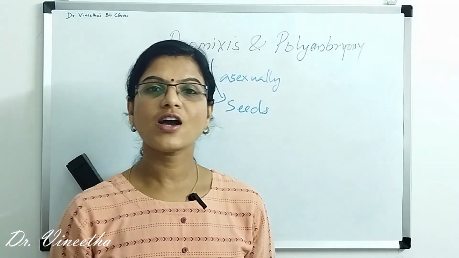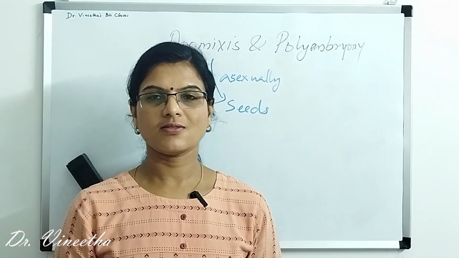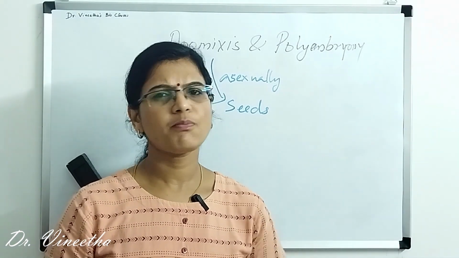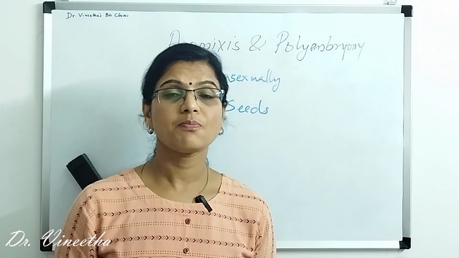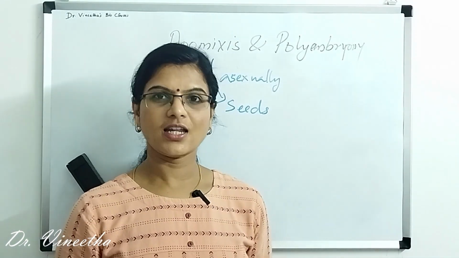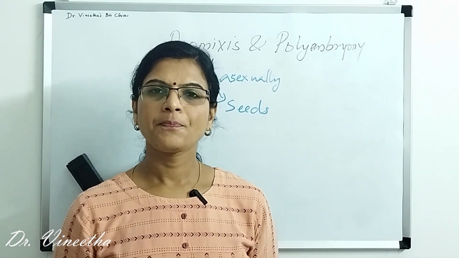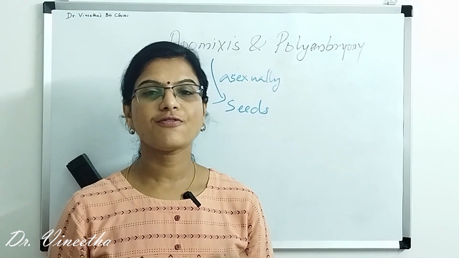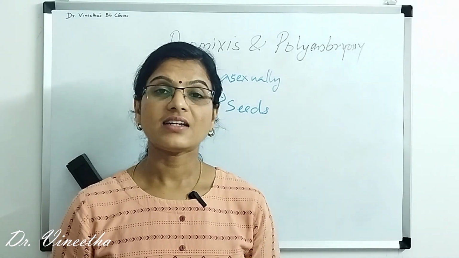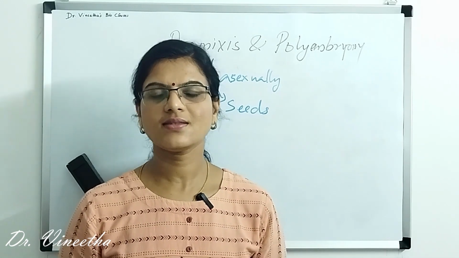So this diploid megaspore mother cell undergoes mitosis. With mitosis, the ploidy doesn't change, so it is diploid in nature. So the embryo sac itself is diploid in nature, and so fertilization doesn't happen and the seeds are formed mitotically, that is, without fertilization. So this is how apomixis happens.